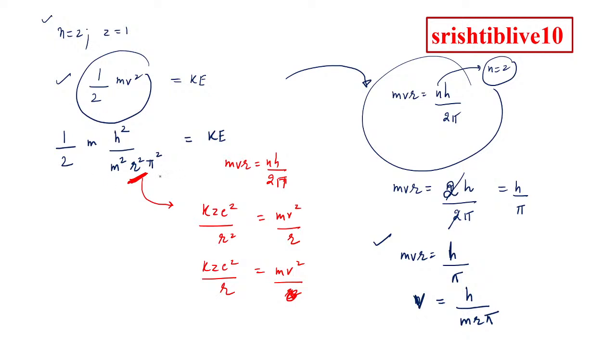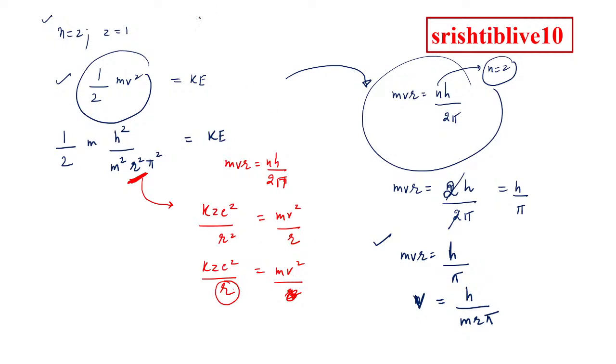Okay, so now what can I find out from here? I have substituted the value of velocity over here, so now I'm getting radius over here. I have to just substitute the value of radius over here. How can I substitute the value of radius? I need to find the value of r. See, it's very simple.